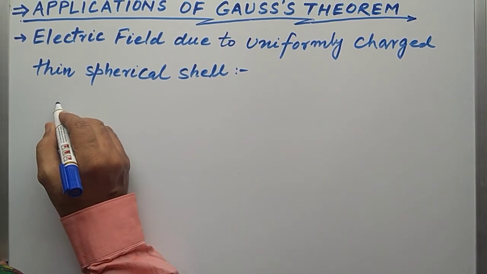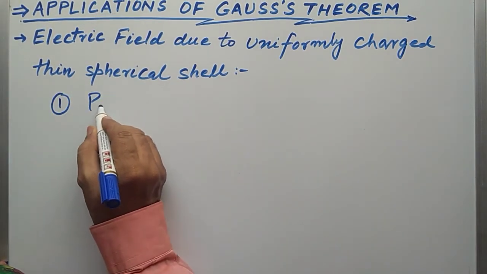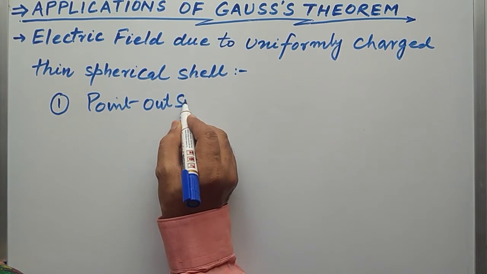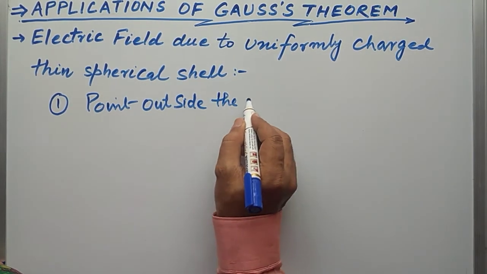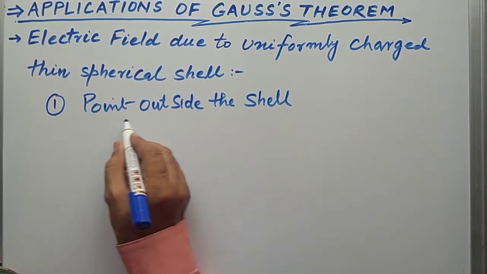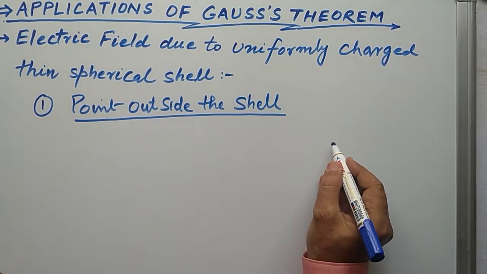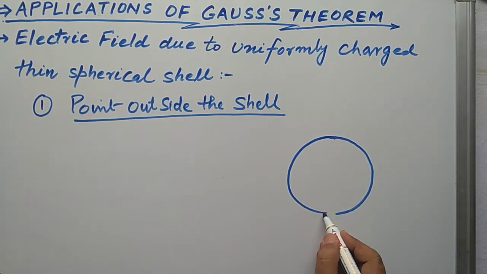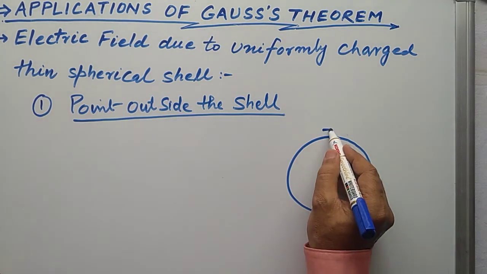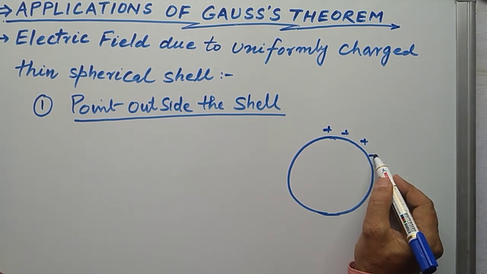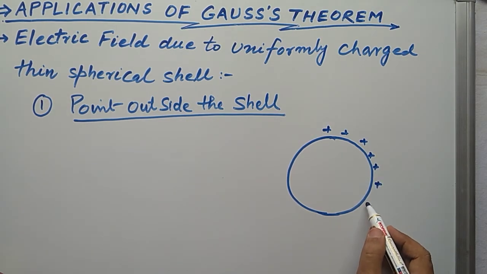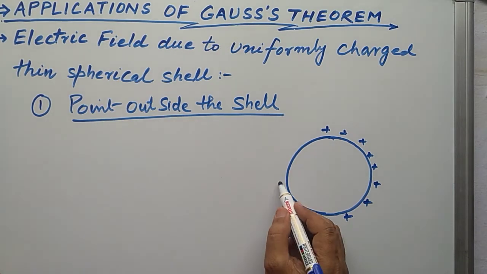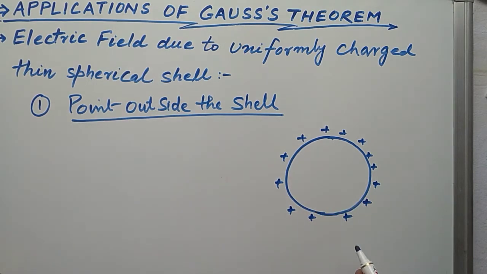So, electric field at a point outside the shell. Suppose this is the spherical shell having a positive charge distributed uniformly over it.